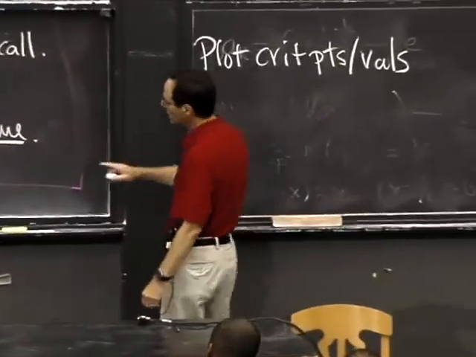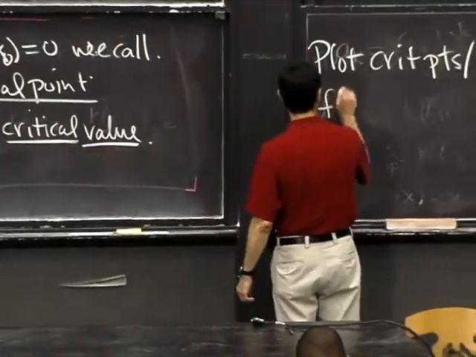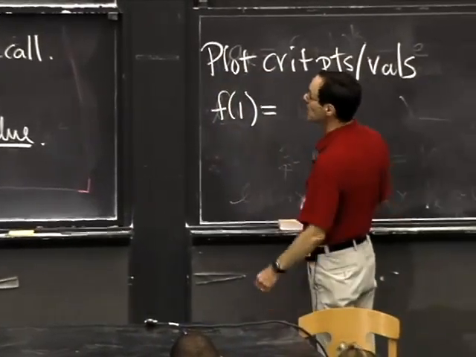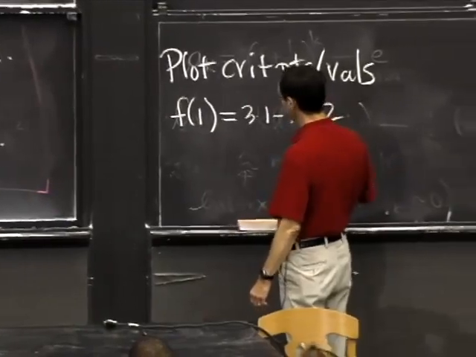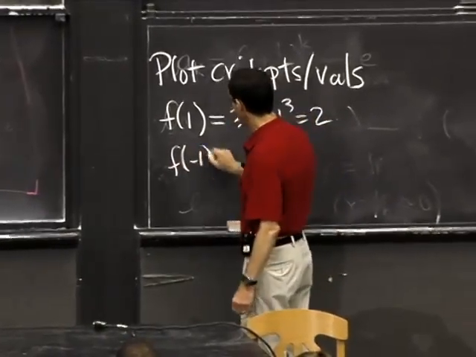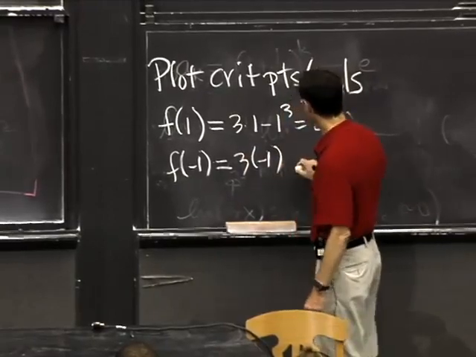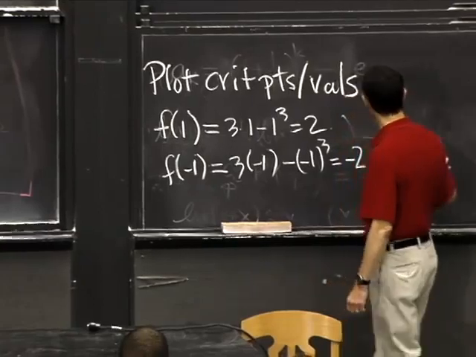And now, in order to get the critical values here, I have to plug in f of 1, for instance. The function is 3x minus x cubed, so this is 3 times 1 minus 1 cubed, which is 2, and f of minus 1, which is 3 times minus 1 minus minus 1 cubed, which is minus 2.